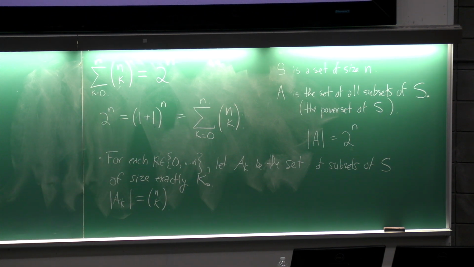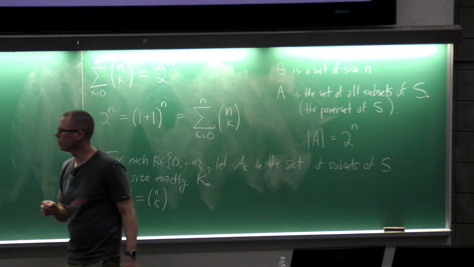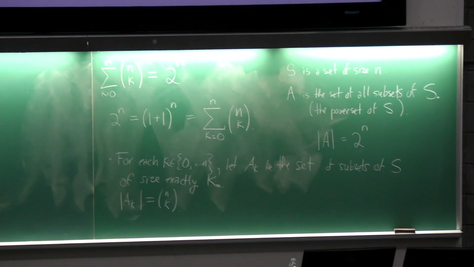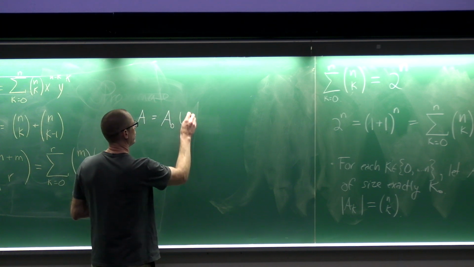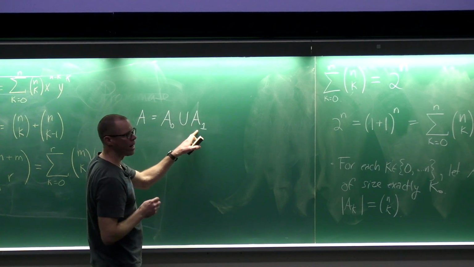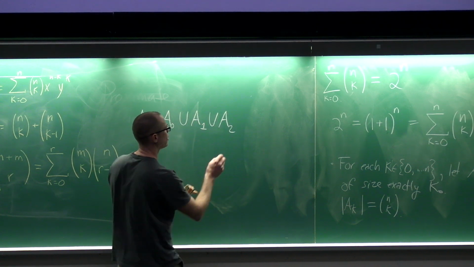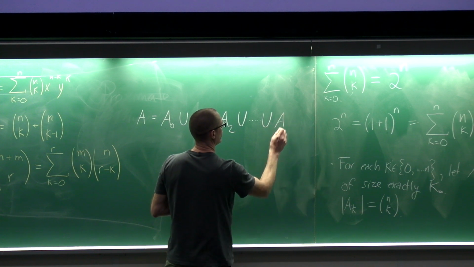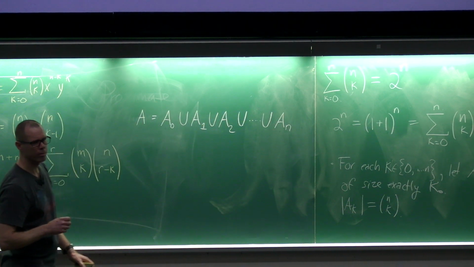But now wait a minute. A, which is all the possible subsets of S, well, that consists of all the sets that have 0 elements, and all the sets that have 1 element, and all the sets that have 2 elements, and so on, all the way up to all the sets that have n elements in them.